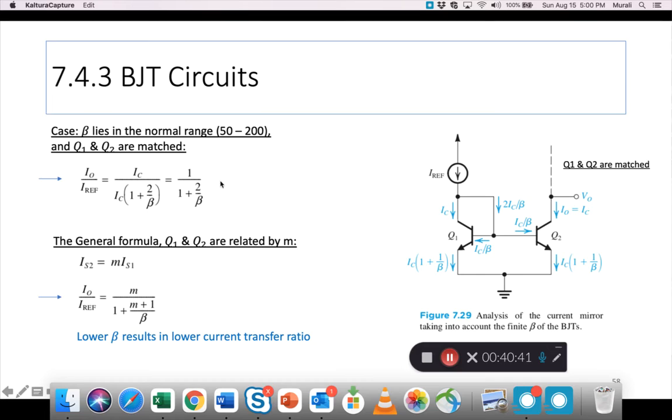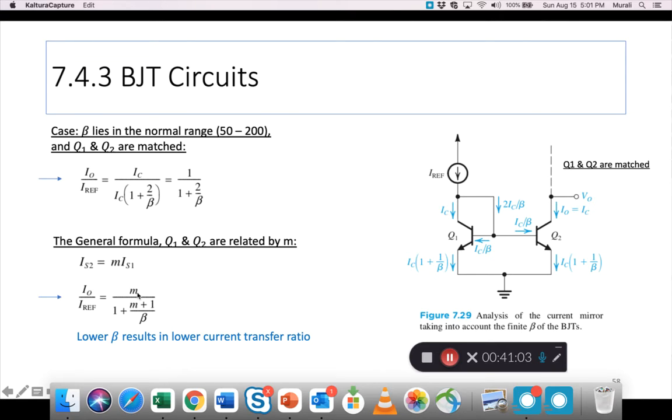More general formula where Q1 and Q2 are not necessarily matched, meaning they are not exactly the same EBJ area, but we know that their currents are related by this relationship: IS2 is M times IS1. Then the formula connecting I output to I reference is even more complicated.